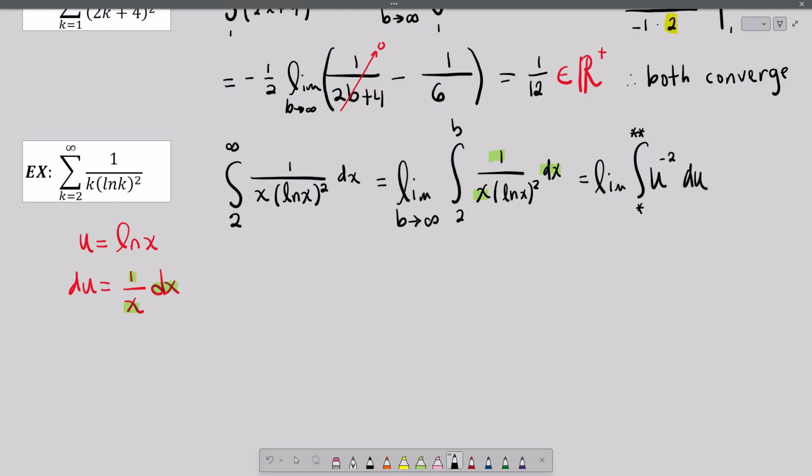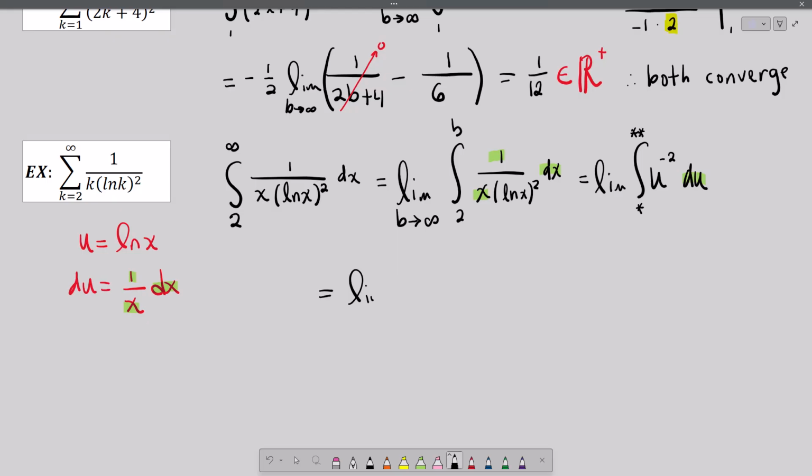The du is the stuff in green. And then natural log of x is being replaced with a u, so that's u to the 2 in the bottom, which means u to the negative 2 in the top. We can use the power rule now.